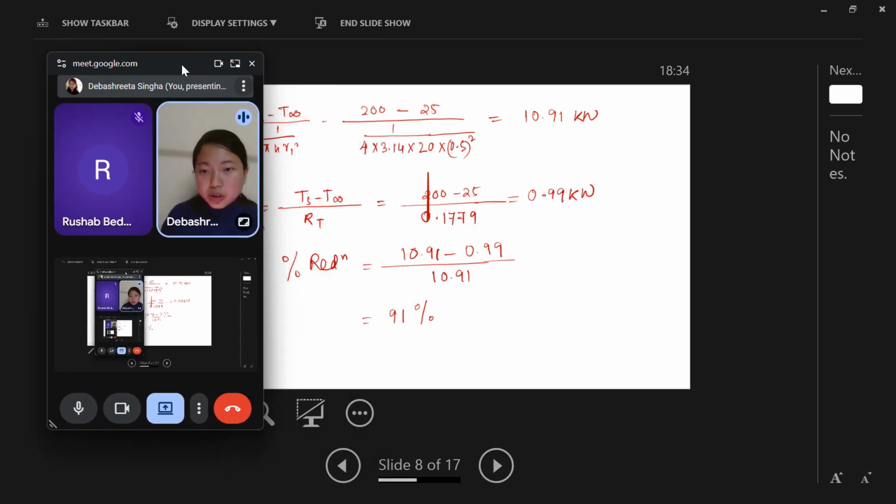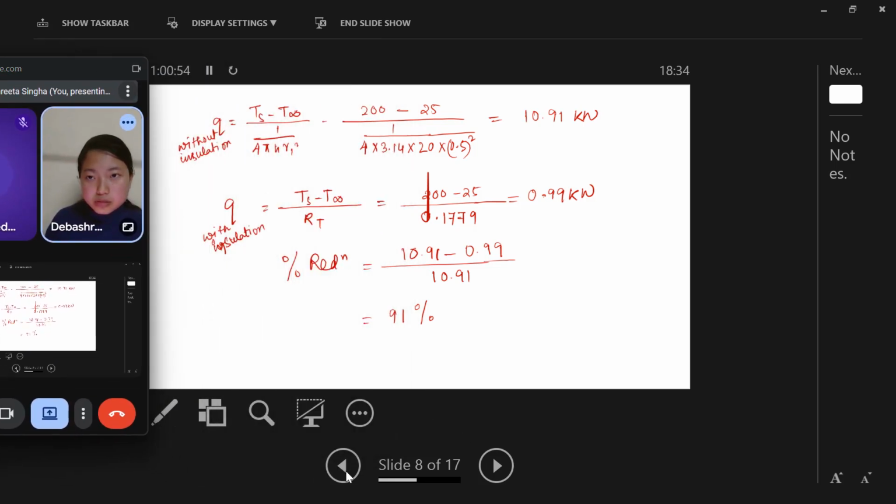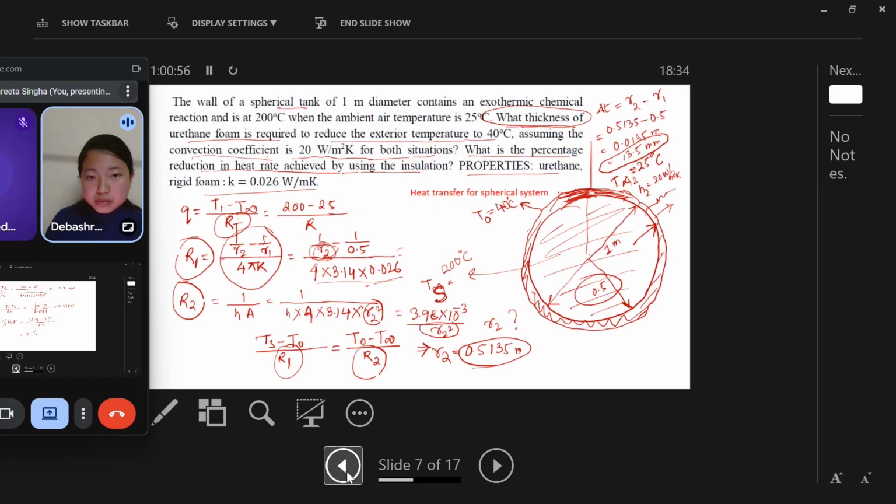I'm telling you again how to do this. So here, since the Q is not given, you have to find it out, but you are asked to find out what is the R, that is the outer radius of the sphere.